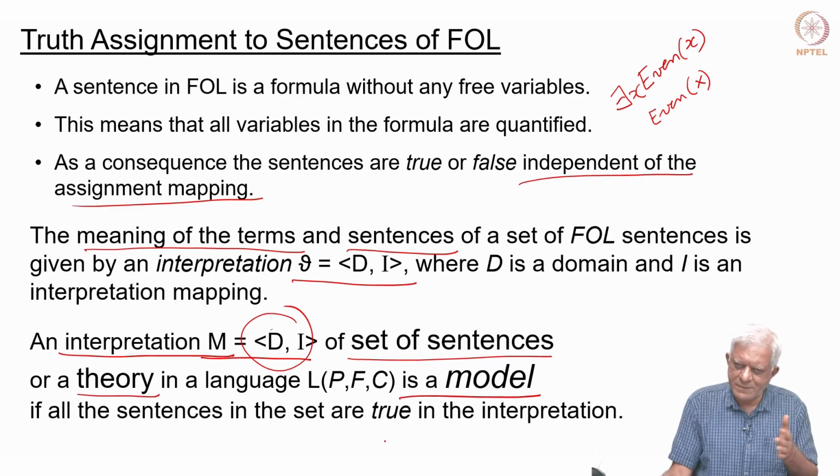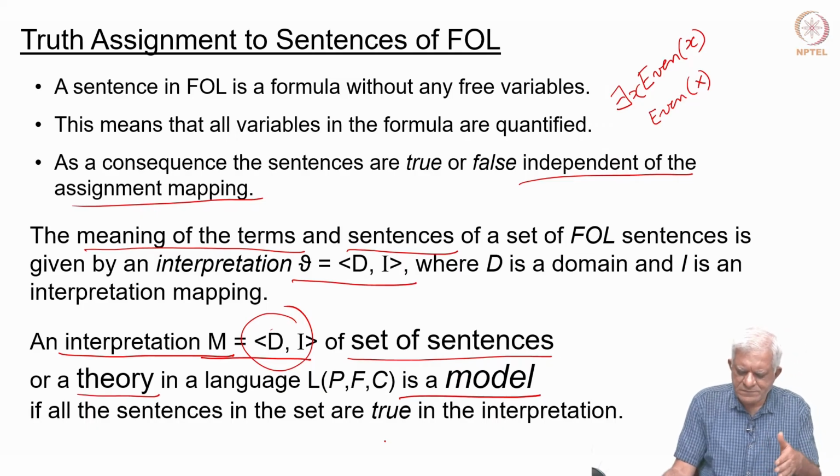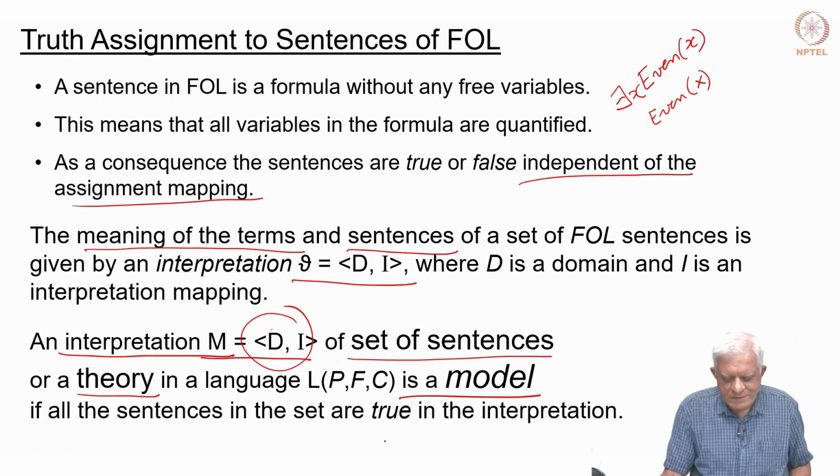We are saying something similar here, except that here we are talking about all this mapping between the language and the predicate symbols and function symbols and so on. So, we are choosing a domain and we are choosing a mapping, and that is an interpretation. So, whatever domain and mapping that we choose, if that makes the set of sentences true, then we say it is a model essentially.